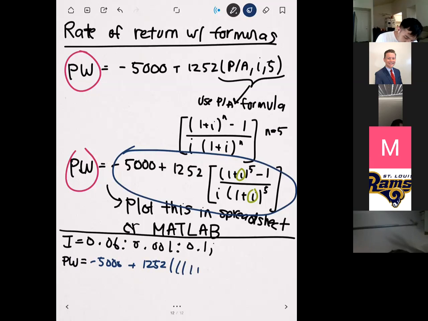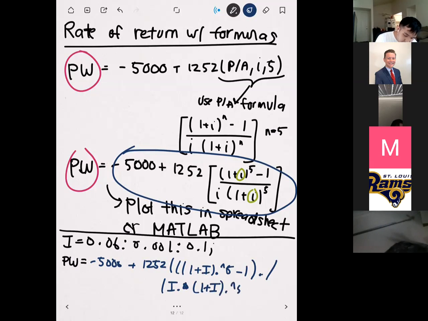So we have 1 plus I dot caret 5 minus 1, close parentheses, dot divide by I dot star 1 plus I dot caret 5, and then 2 close parentheses, and then a semicolon.